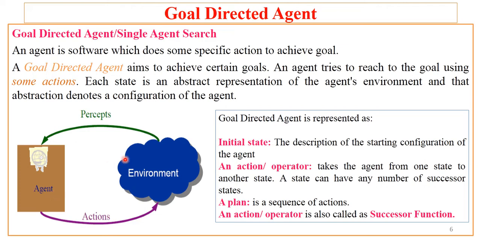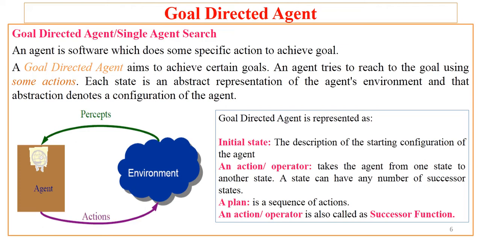Now this goal directed agent is responsible for solving various problems and many specific goals. Here this goal directed agent will have an initial state, as we have already seen. It will have actions and operators with which it can change its state from initial to the goal using intermediate states.